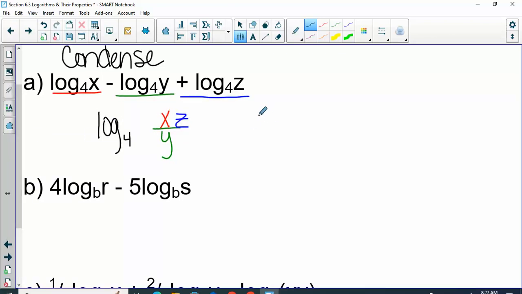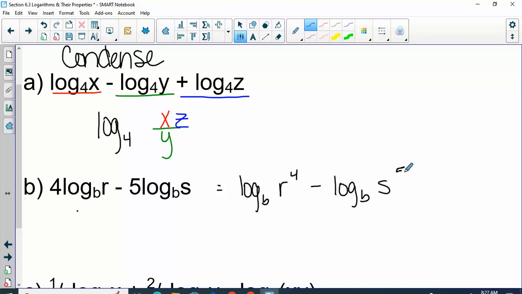So, when I look at B, first of all, what would I do with that 4? Put it on the big exponent. What do we do with 5? Brings it to the front.